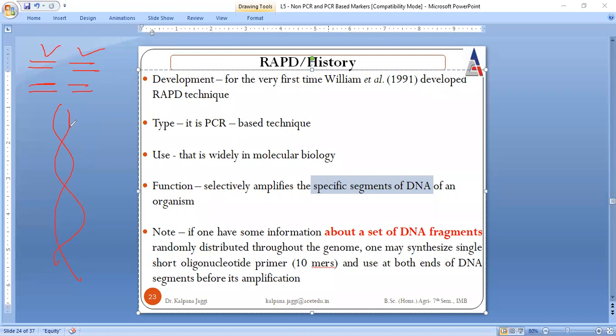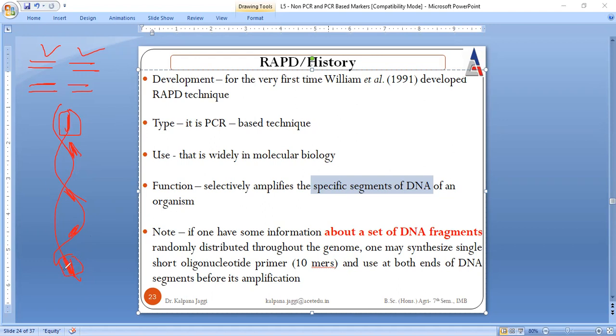Say this is one fragment, this is the second fragment, this is the third, and here is the fourth. If one is distributed here, then it may also be distributed there. That is, it is randomly distributed.